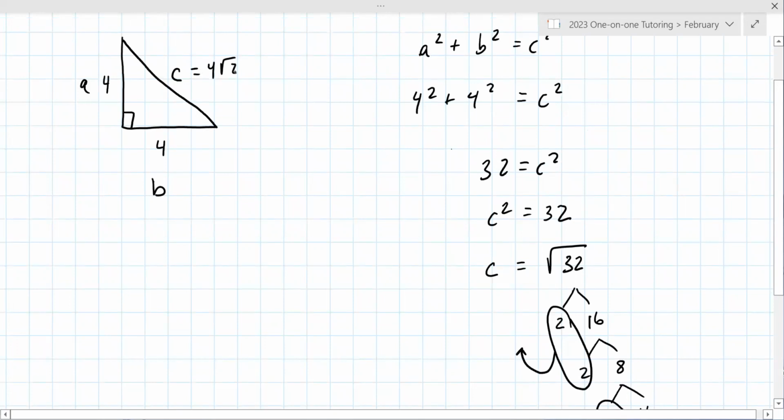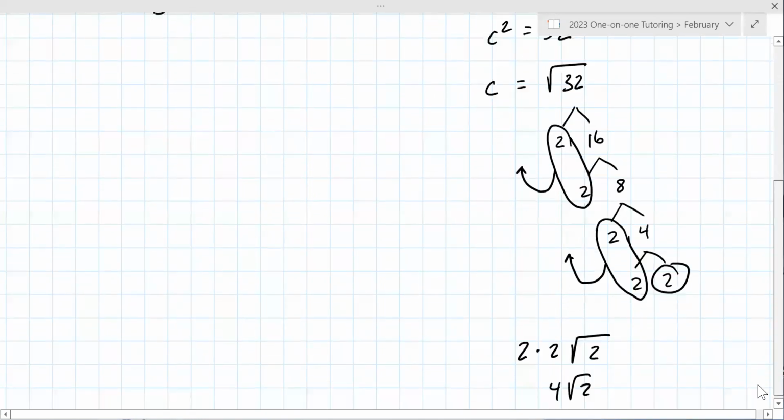All right. Let's try another one here. So here's another triangle. Just going to draw it slightly differently. The legs are 3 and 3. And then the hypotenuse is C. So we've got A squared plus B squared equals C squared.